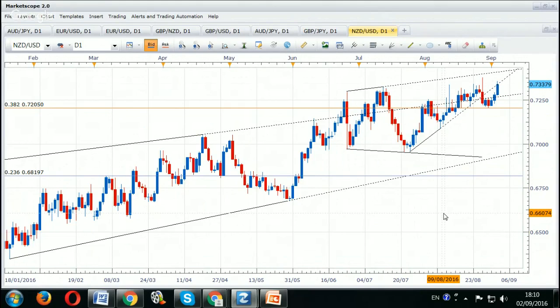Kiwi already is the highest yielding currency among the majors, and the comments from Wheeler aren't helping the matter either. So compared to the Aussie dollar, it's looking attractive on the charts, and that indirectly means that the AUD/NZD pair should go down, and any upticks on AUD/NZD are likely to be met with fresh offers.